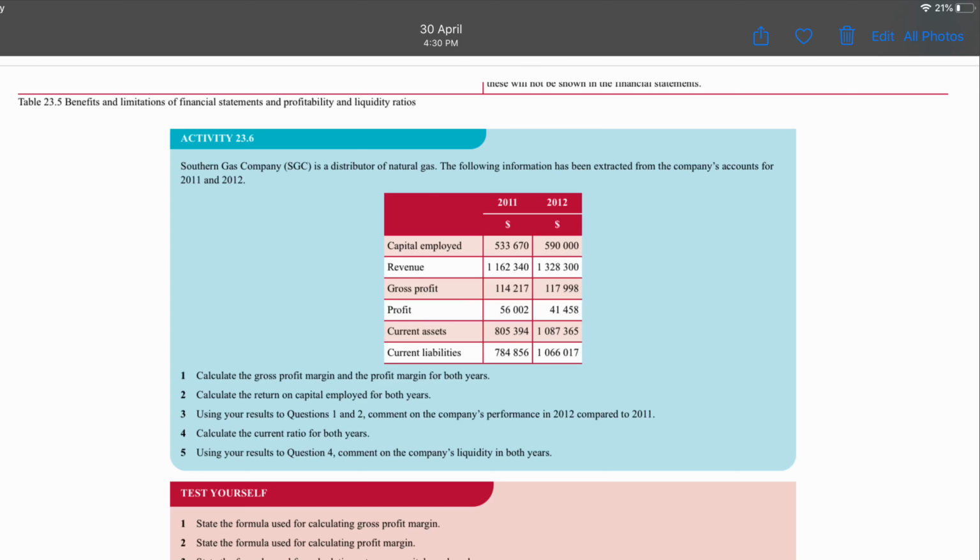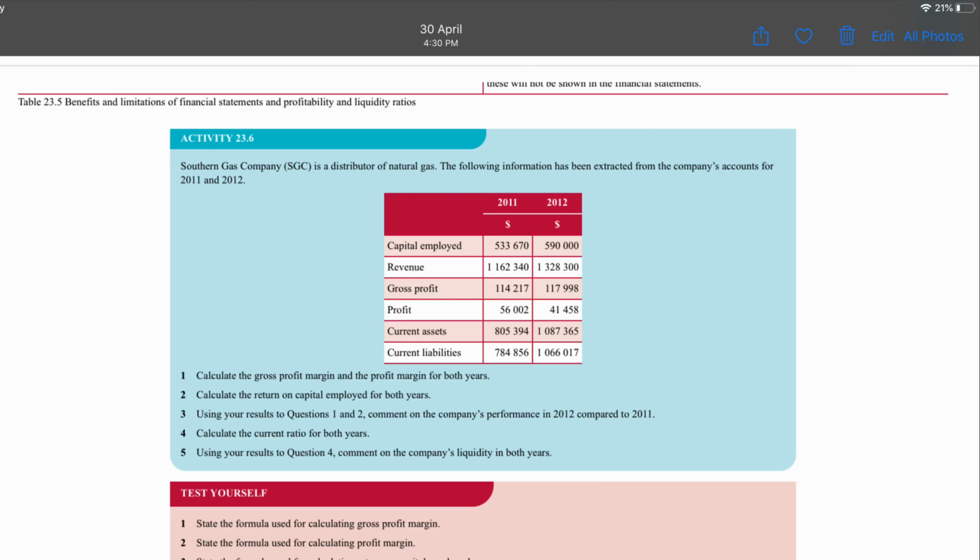Gross profit margin for 2011 is 114217 divided by the revenue 1162340 times 100%, you should get 9.8%. Gross profit margin for 2012 is 117998 divided by 1328300 times 100%, you should get 8.9%. That is for gross profit margin.